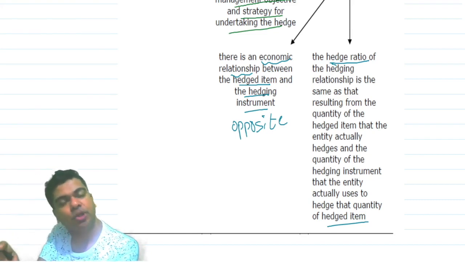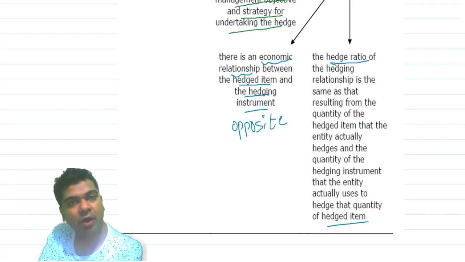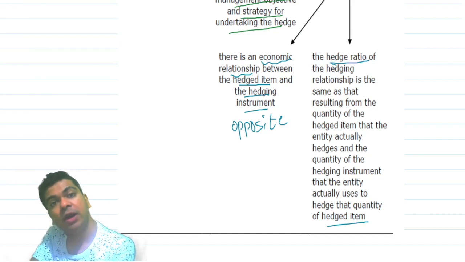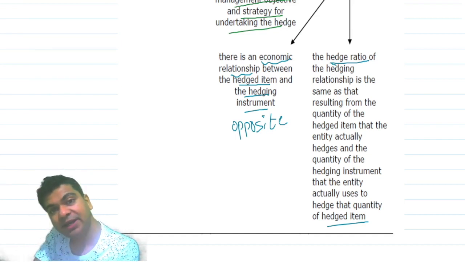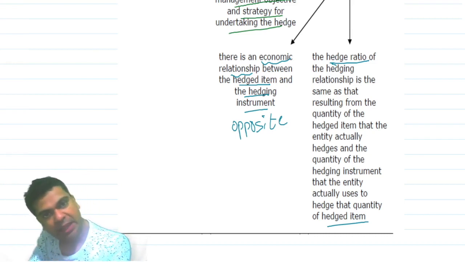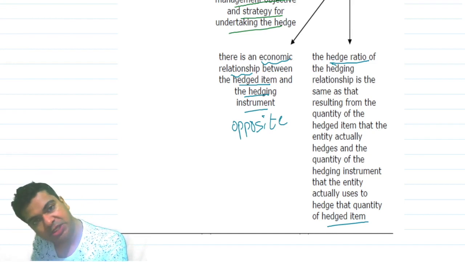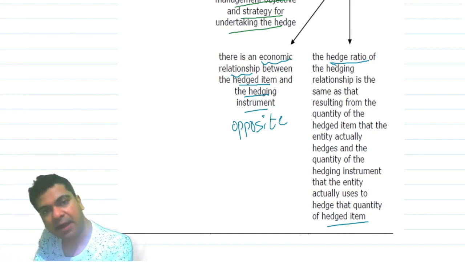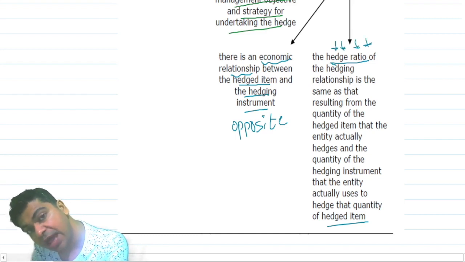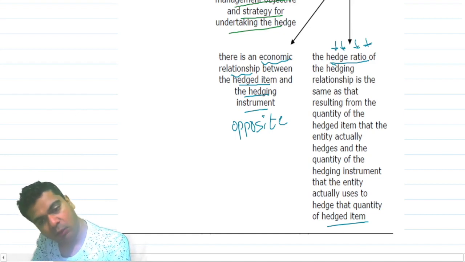The quantity should be such that the hedge is effective. If you are selling 100 options and you are buying 100 shares, then the hedge will be effective. But if you are selling 100 options and buying only 10 shares, or buying 1000 shares, then the hedging will be either under hedged or over hedged. The hedge will then not be effective. That's the reason a proper hedge ratio should be determined so that we can decide whether the hedging will be effective or not.